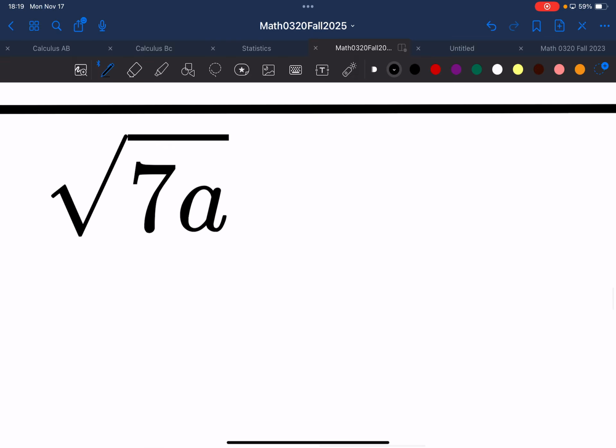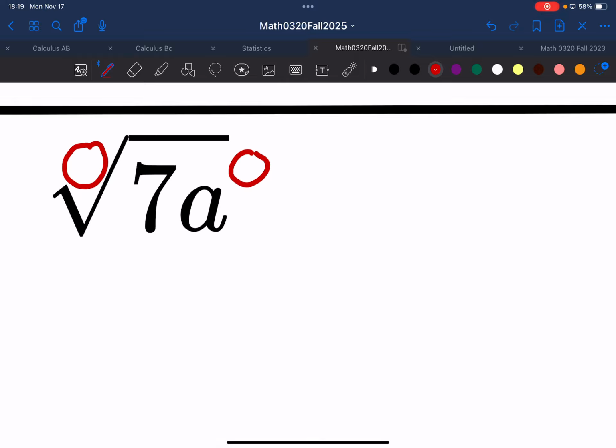Notice 7 and a are under the radical, which means both 7 and a are going to get an exponent. But notice we don't see anything here, and we don't see anything here. If we don't see anything above the radical sign, we know that number is 2, because that's the square root.